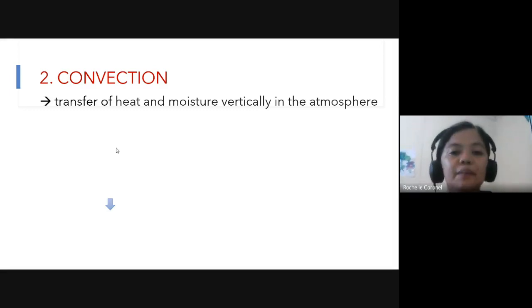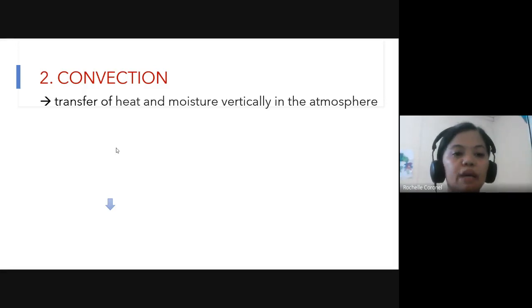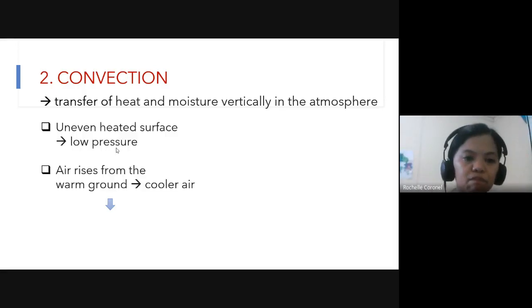Okay. So as you go higher, conduction is no longer possible. So the other form of heat transfer is convection, or the vertical movement of heat with moisture in the atmosphere. Basically, convection happens when there's an unevenly heated surface, and as we know, the uneven heating of the surface is due to conduction.